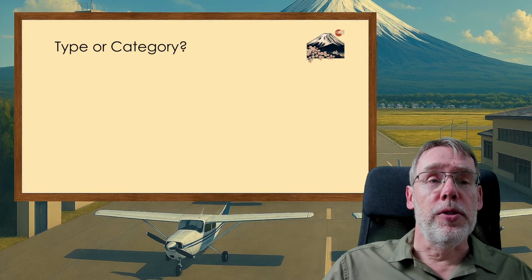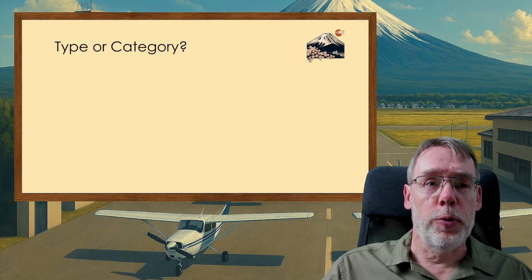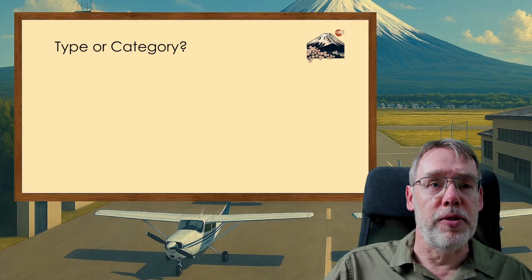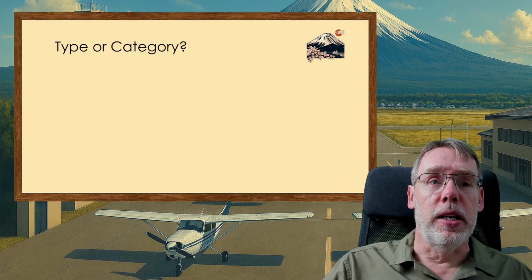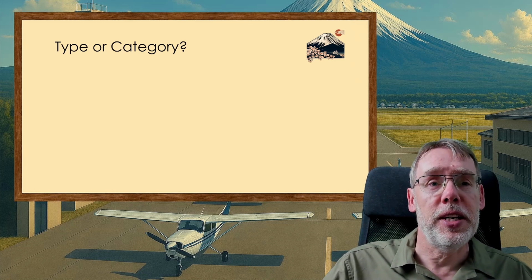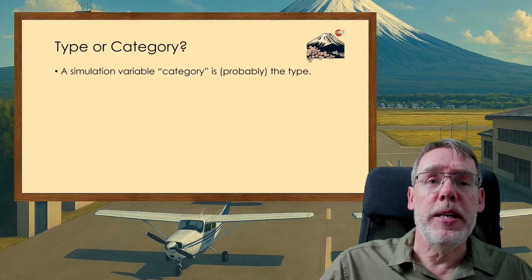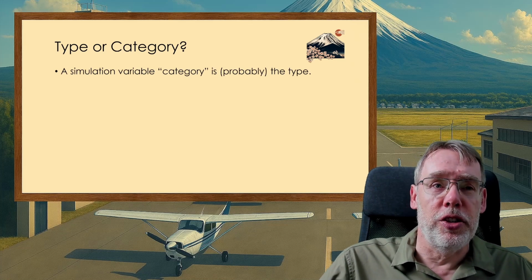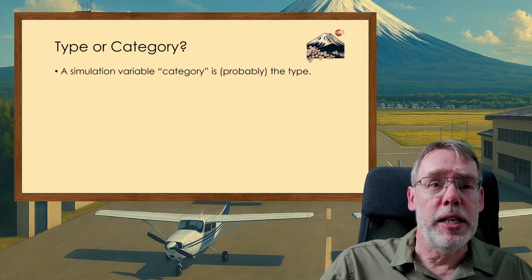On the other hand, we not only have the type, but we also have a simulation variable that we can ask about the object that gives us something that is probably meant to be the same as the type. It's called category.